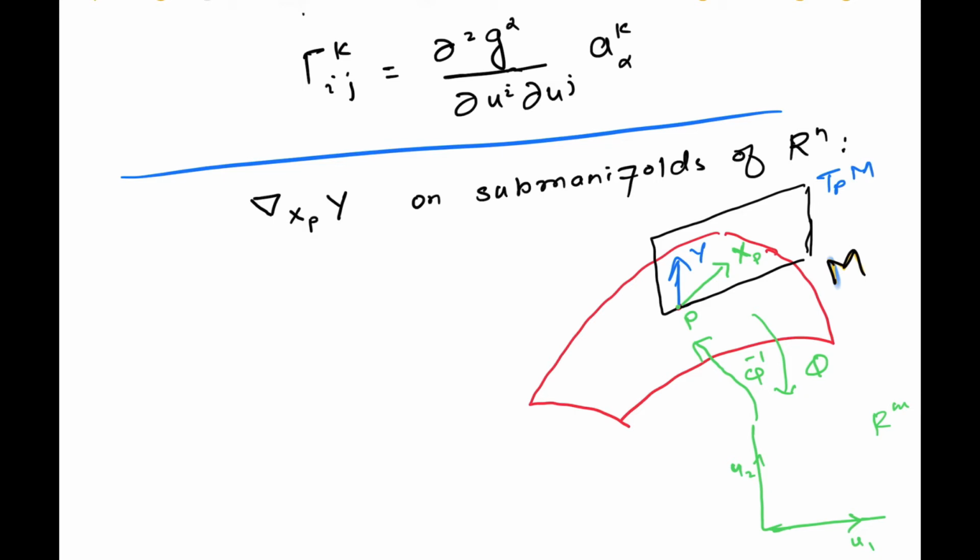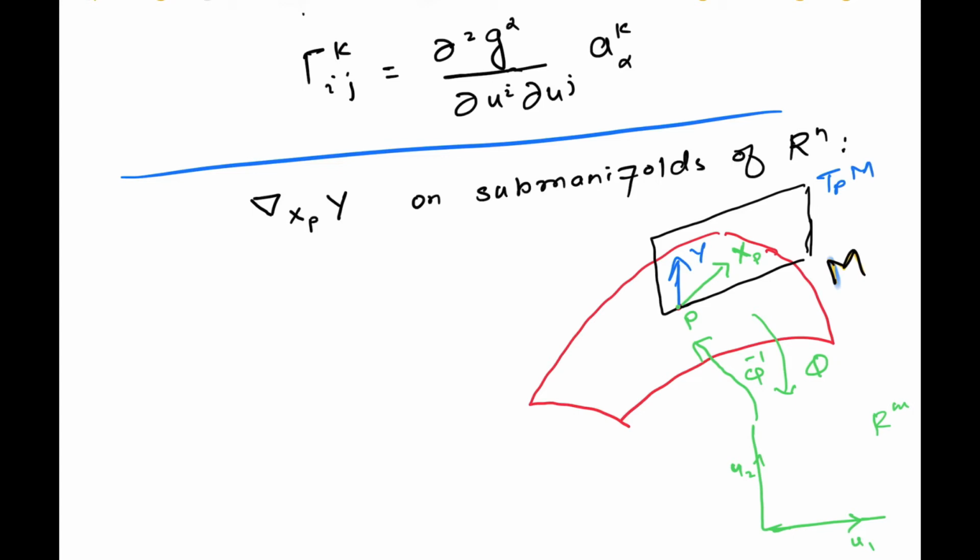Now for this point P, I can have several curves, and this X_p vector will act as a tangent vector for those curves.